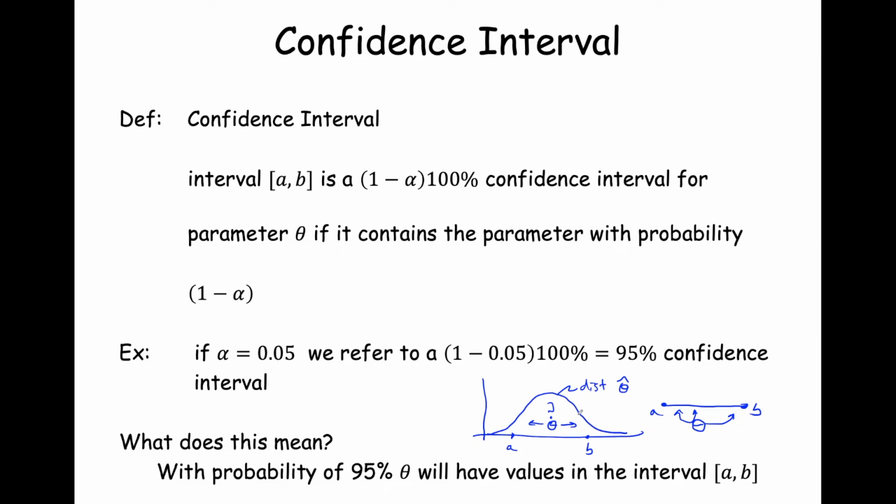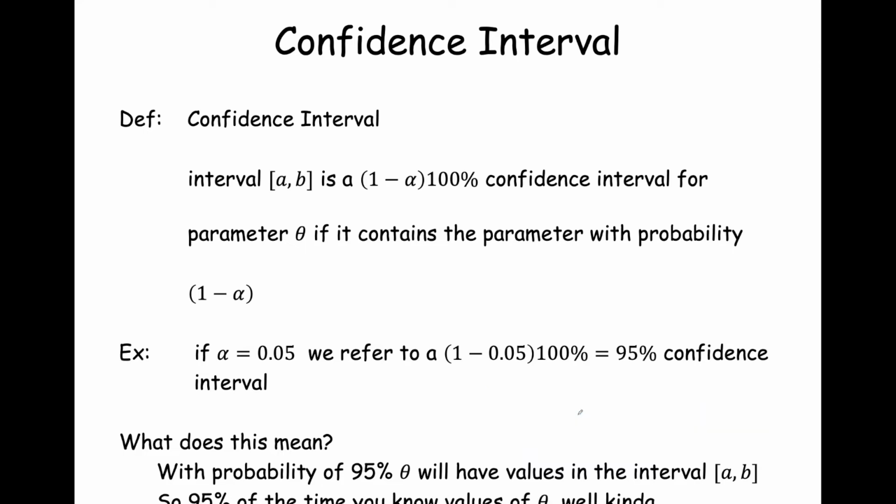Because theta is just the value, the ground truth parameter. So you can say a confidence interval is kind of this covering probability. With probability of 95% for alpha equals 0.05, theta will have values in this interval. This interval, 95% of the time, will cover or include the value of theta. So that's what a confidence interval is, and that's what it means.